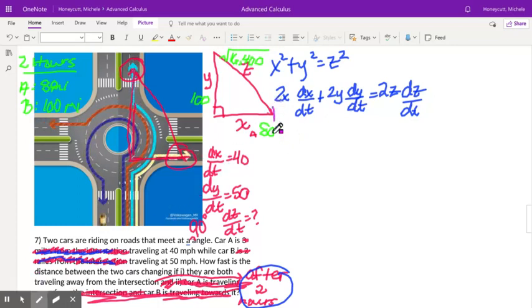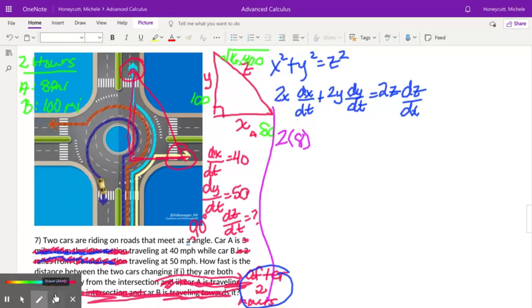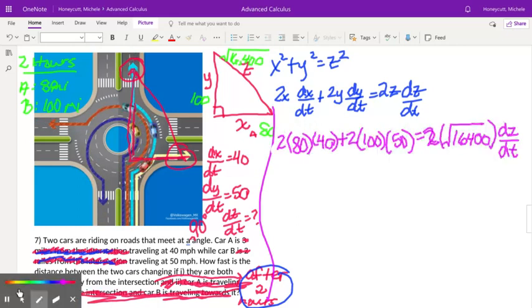So 2 times 80, where x was 80, dx/dt was 40, 2 times y, which was 100, dy/dt was 50, equals 2 times z, which was the square root of 16,400, and we are solving for dz/dt.